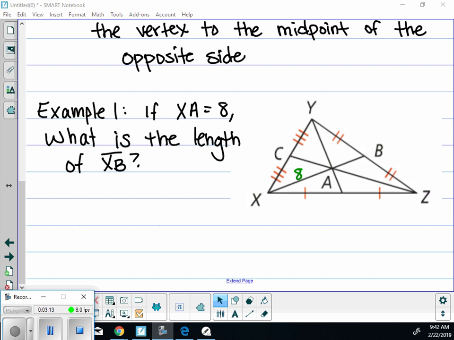Now, what you need to keep in mind is that if we are dealing with the centroid, the length from the vertex to the centroid is twice as big as the length from the centroid to the other side. So if the longer portion is 8, the shorter portion is going to be 4.